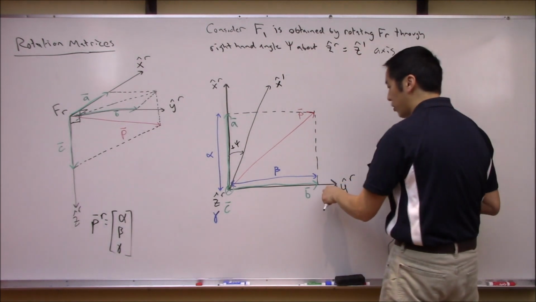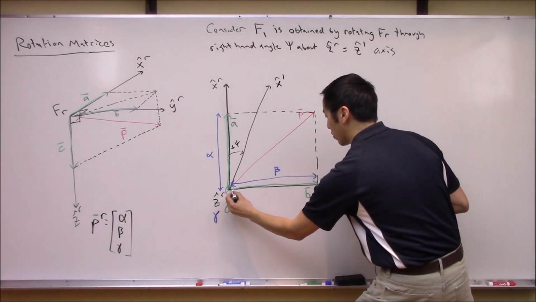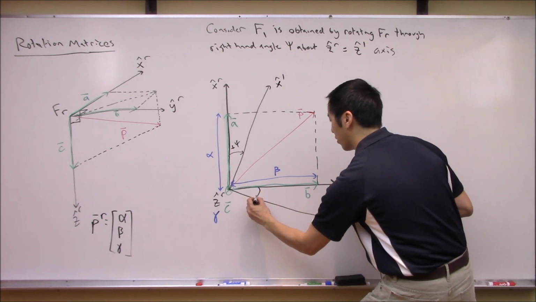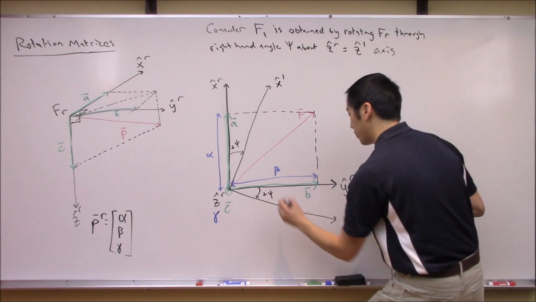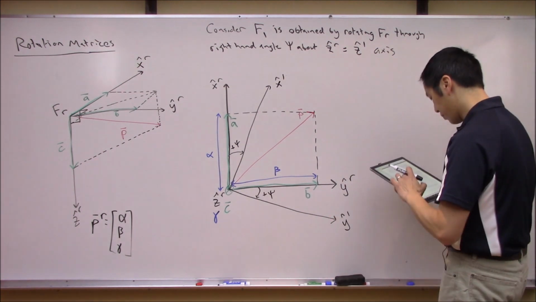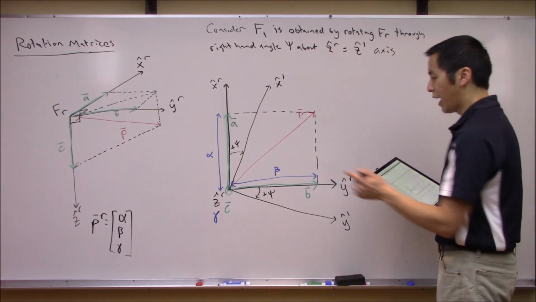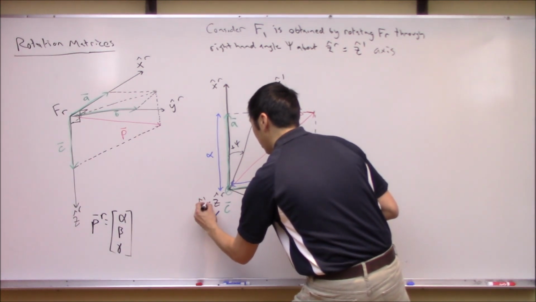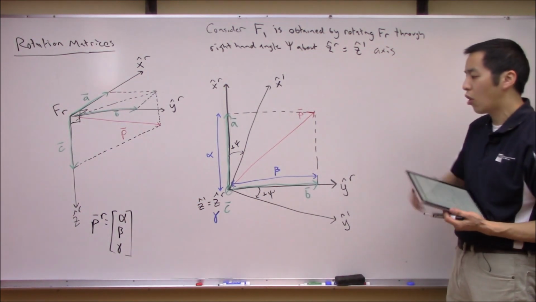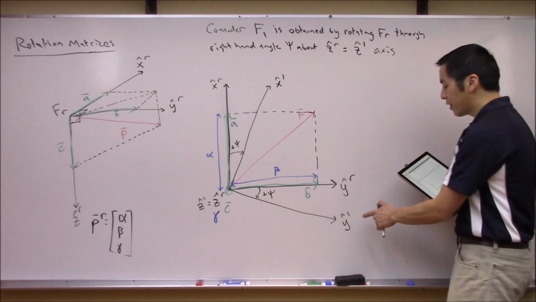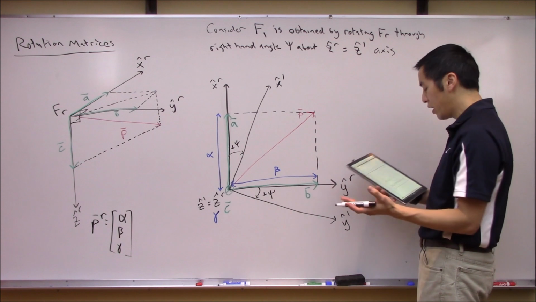Similarly, the y-axis is going to rotate through that same angle, so down here is positive psi, and now this becomes y hat 1. And the z hats stay the same. These two are common because all we've done is rotate about the z-axis. So now I've got this new frame called F1.